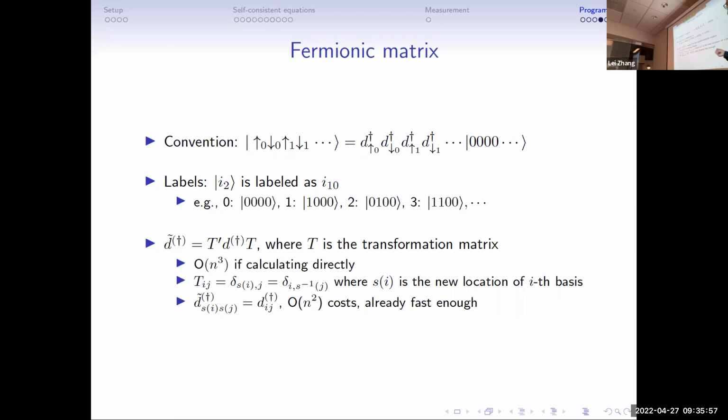I noticed that this matrix is a sparse matrix, and all the non-zero elements are equal to 1. So it can be simplified, and it can be accelerated to calculate this transformation in the new basis.